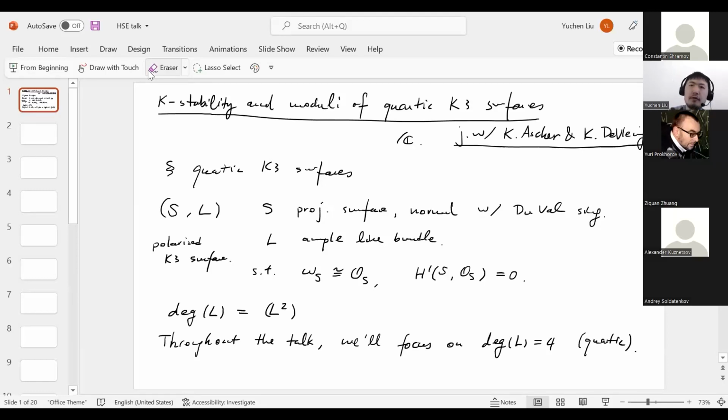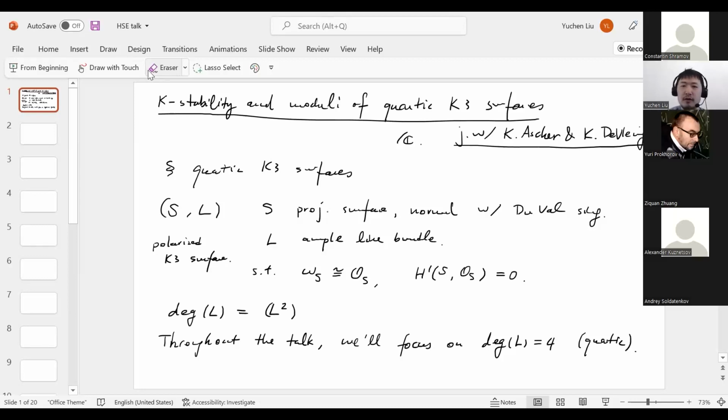And of course, you can also treat the theory for degree 2, which are generically double cover of P2 branched along a sextic curve. And in that case, the theory is much simpler, but there's a kind of motivation I will talk about a little bit. And then in general, you want to extend the theory to higher degree K3 surfaces as well.